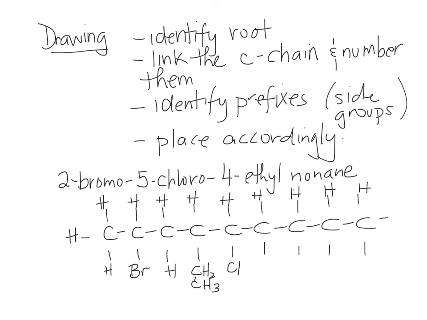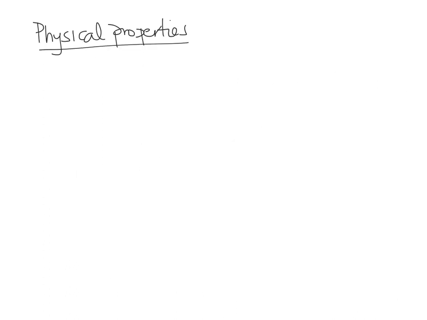There's a lot of hydrogens. So, carbon 1, 2, bromo, 3, 4, ethyl, 5, chloro, 6, 7, 8, 9, nonane. So there's your structure.